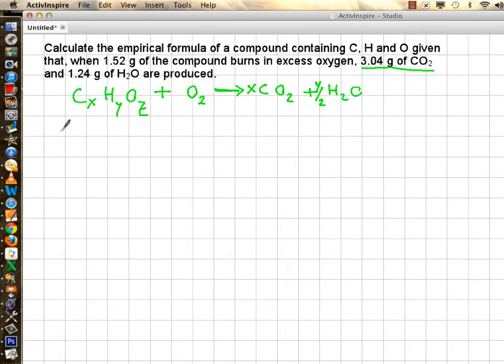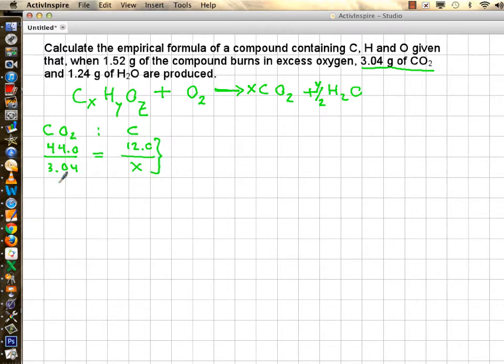First, CO2. Remember, all the carbon goes into CO2. So 1 mole of carbon is equal to 1 mole of CO2. Molar mass of CO2 last time we decided was 44. Atomic mass of carbon is 12. Now you have 3.04 grams of CO2, and let's find out how many grams of carbon we produce.